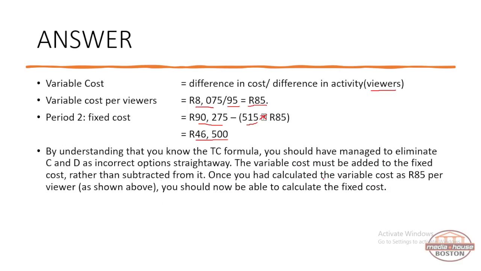So once you had calculated the variable cost of 85,000 for viewers as shown above, you should now be able to calculate the fixed cost using the TC formula by rearranging it and making fixed cost the subject of the formula. So that is it in terms of today's lesson.